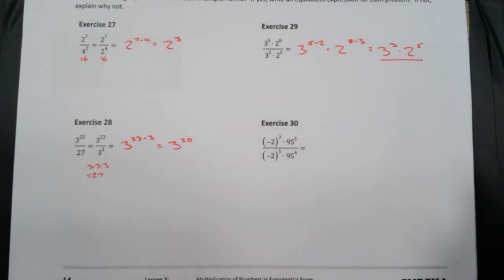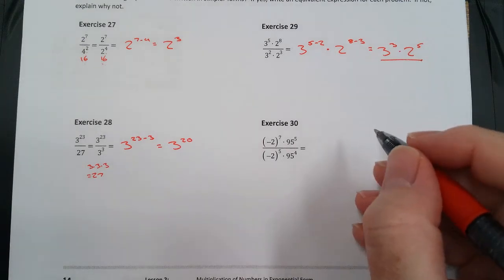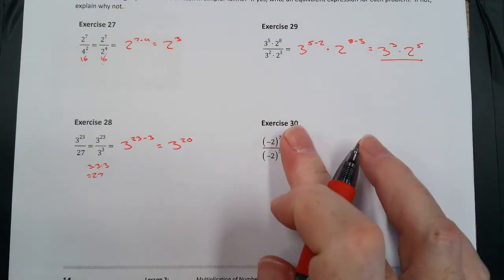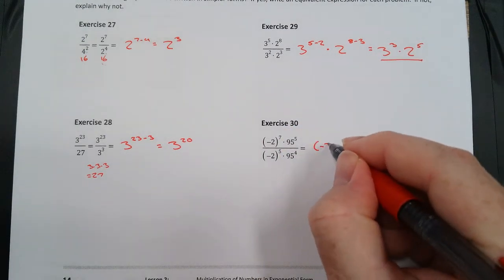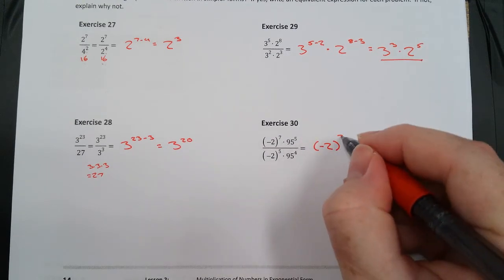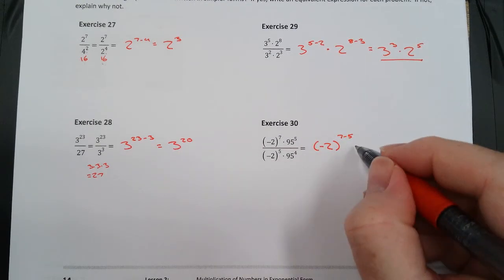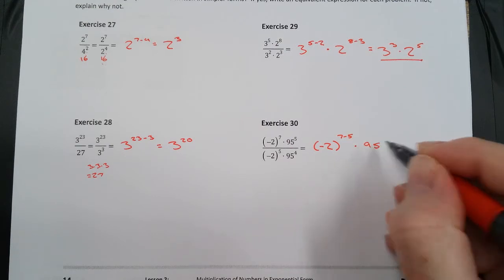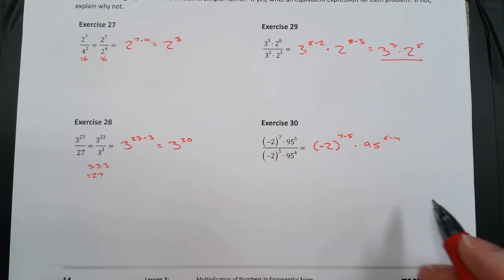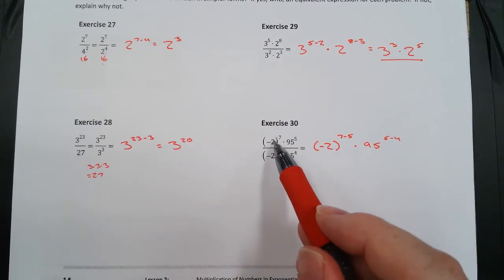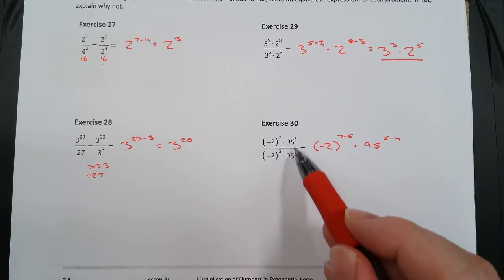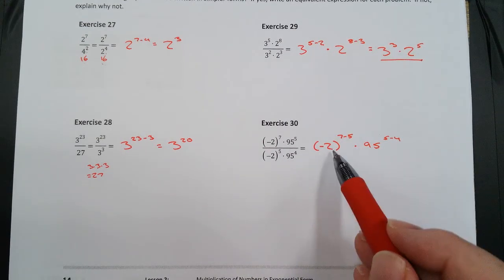And we're back, where you can check your work you just did on number 30. You could cover it up, but let's do the negative 2's. We do 7 minus 5 times the 95, and we do 5 minus 4. We do the negative 2's together, we put the 95's together, we keep them separate from each other though.